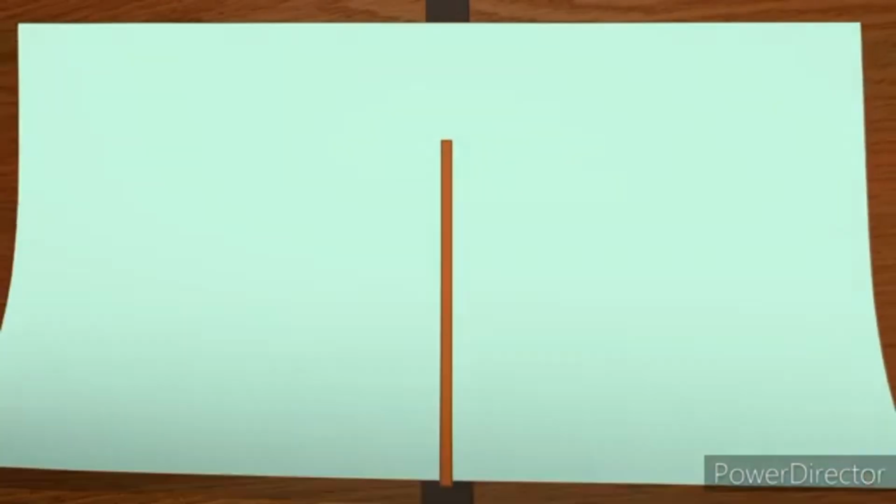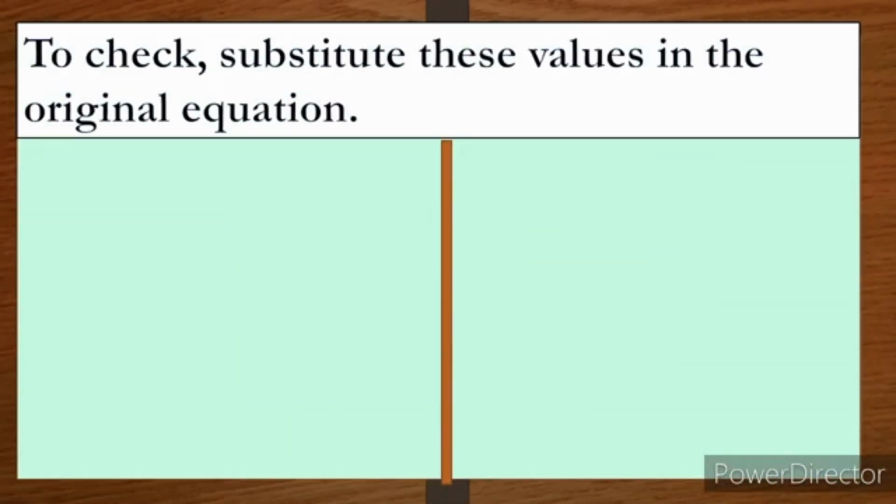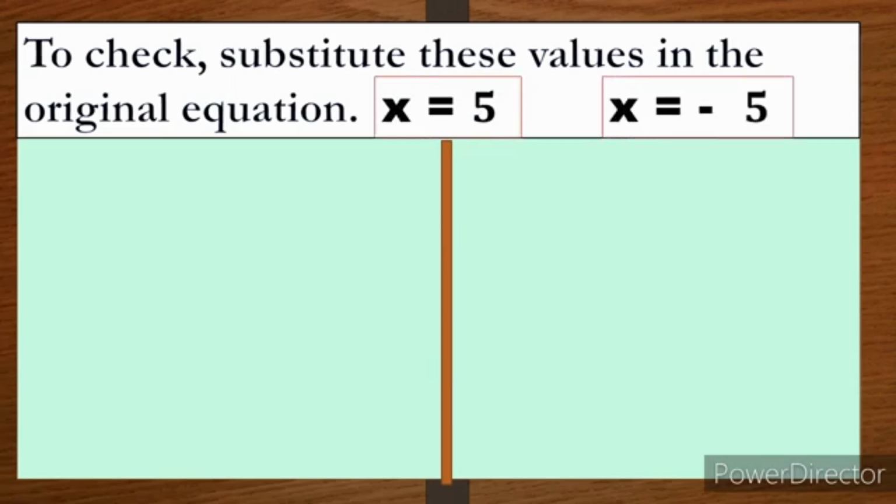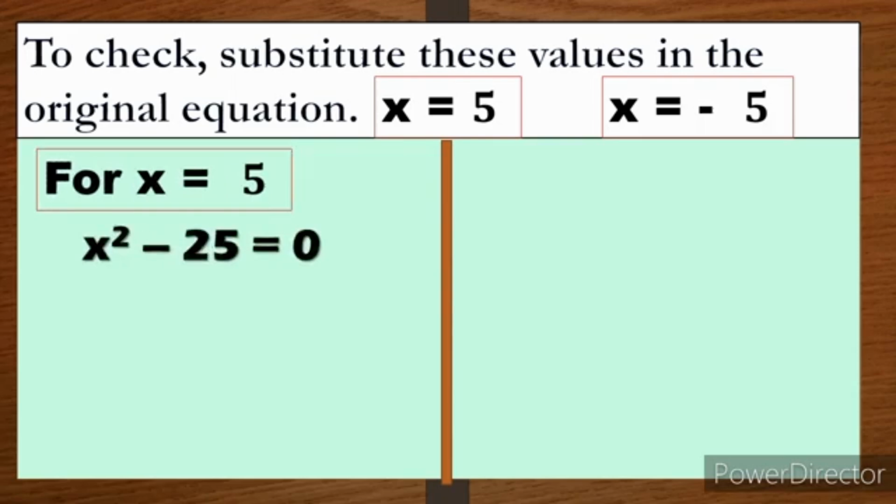Okay, paano malaman na tama yung sagot natin? Okay, to check, we're going to substitute these values in the original equation, which is x equals 5 and x equals negative 5. Okay, for x equals 5, and this is the original equation, x squared minus 25 equal to 0, and then we substitute positive 5. So that's why we have 5 squared minus 25 equals 0.